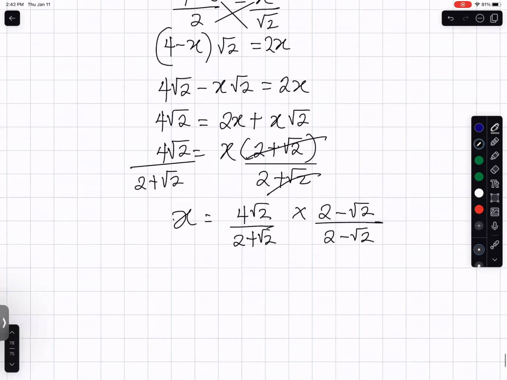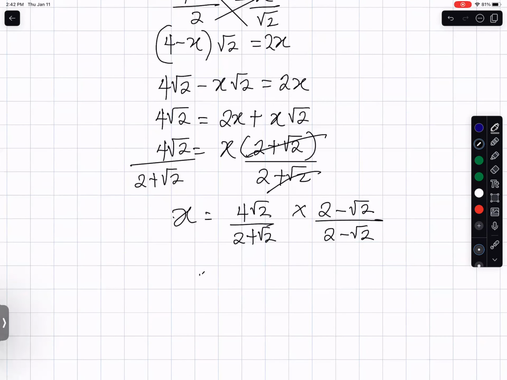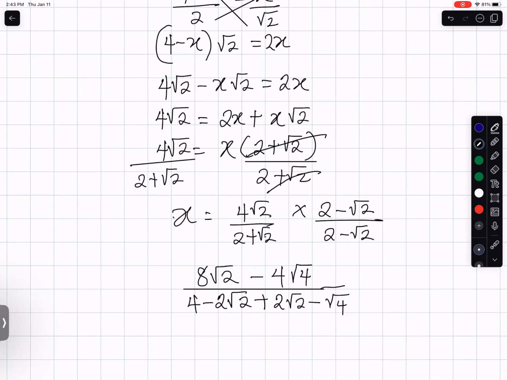So multiply 2 by 4 root 2. What do we have? We have 8 root 2. Then root 2 multiplied by 4 root 2 gives us 4 root 4, divided by 4 minus 2 root 2 plus 2 root 2 minus root 2 multiplied by root 2 gives us root 4.